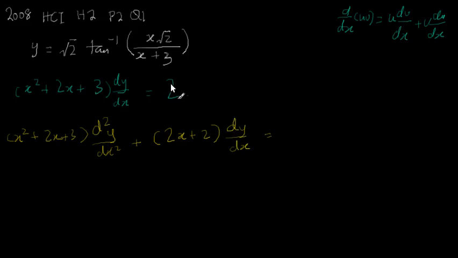On the right side, when I differentiate this, I'll get 0. So in this way, I've got an equation that contains the second derivative. Now I don't actually have a direct formula for it, but if I can find dy/dx first from there, then I can use the answer in here and still be able to calculate d2y/dx squared.